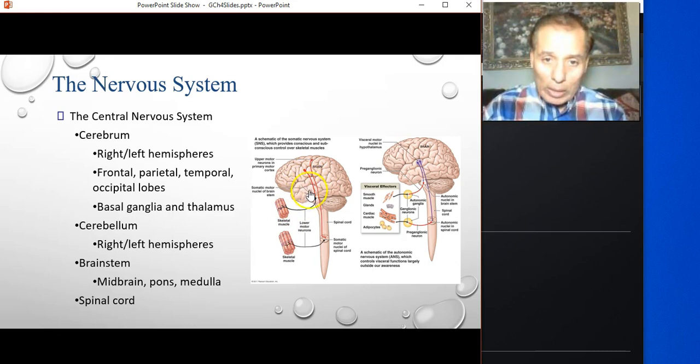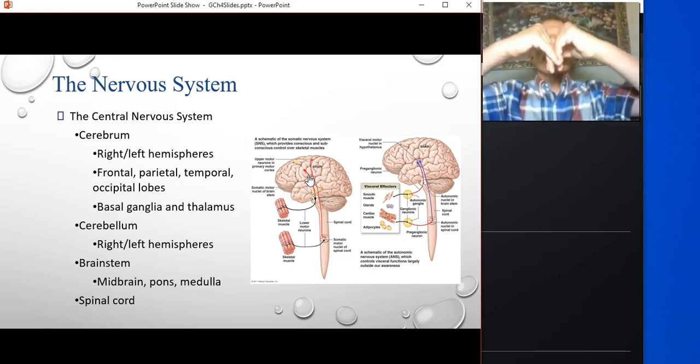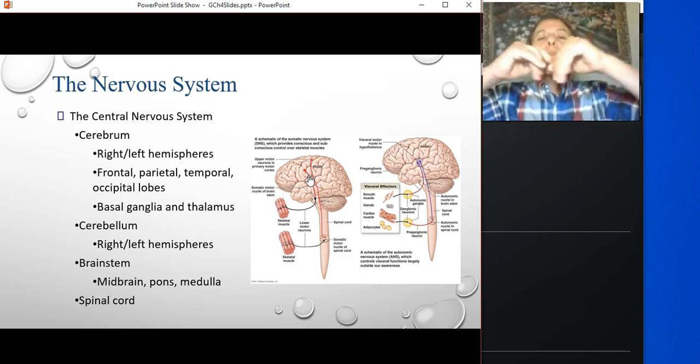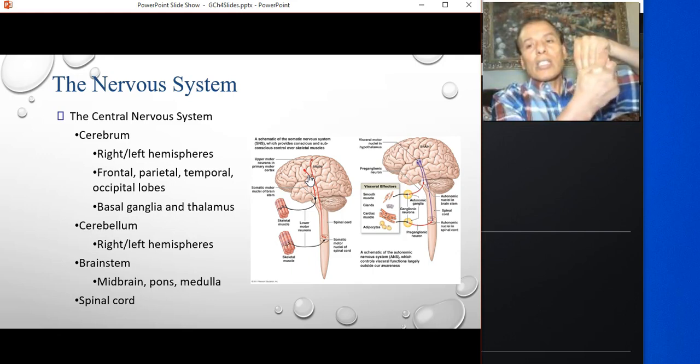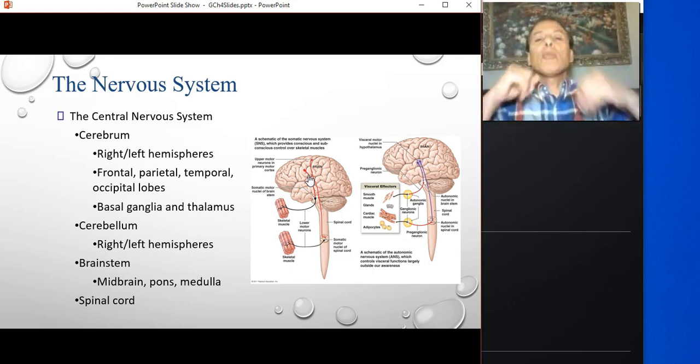If you pull this area down and this area up, you will discover an island hiding under here. It is called the insula, or the insular cortex, and that is also part of the cortex. If you take the 2 hemispheres and open them up, you will find a structure called the cingulate gyrus that is buried between the 2 hemispheres.